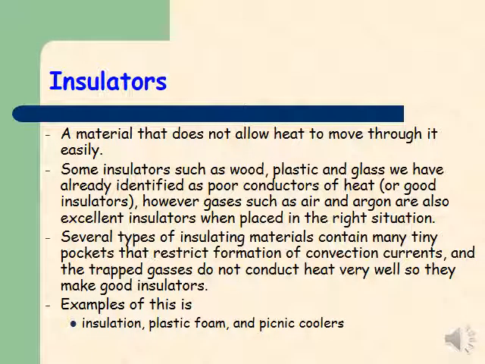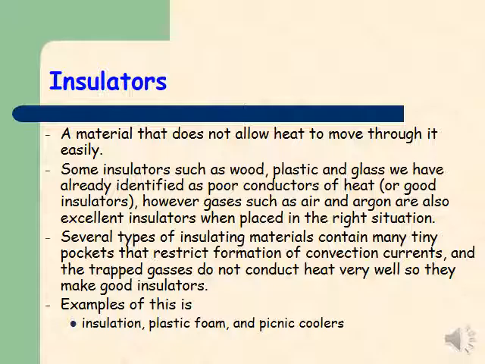Insulators, we've already talked about, are materials that do not allow heat to move through them easily. Materials such as wood, plastic, and glass we've already identified as poor conductors of heat, great insulators. However, gases such as air and argon are also excellent insulators when placed in the right situation.